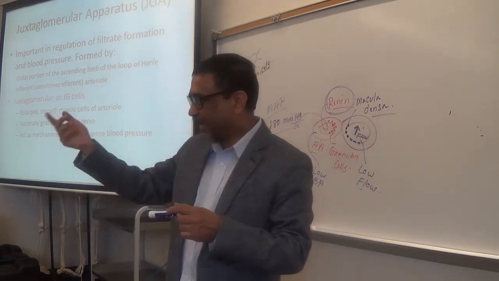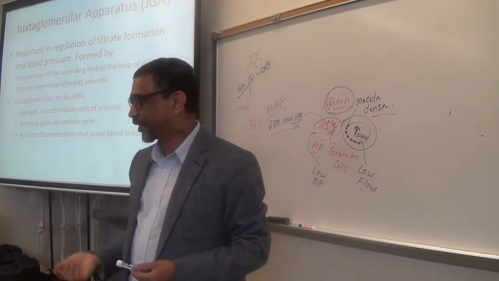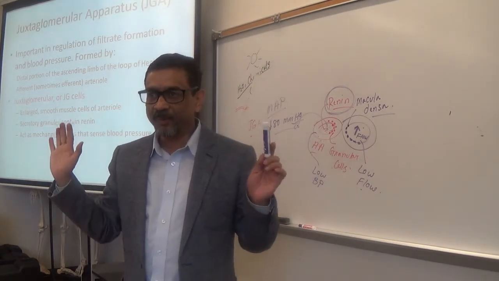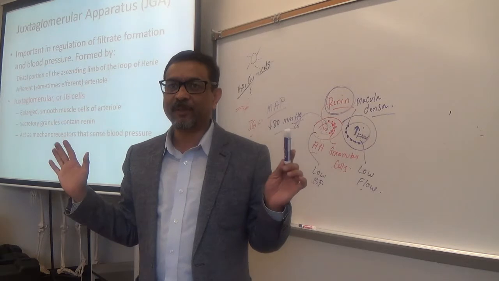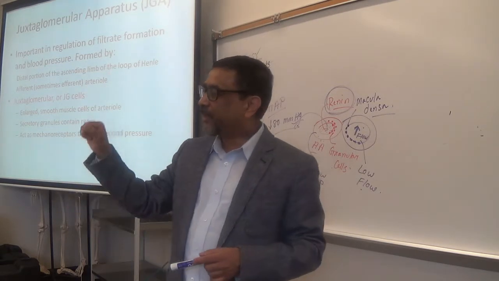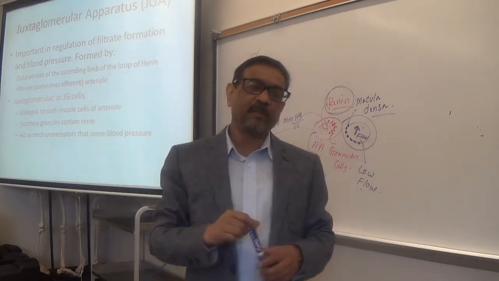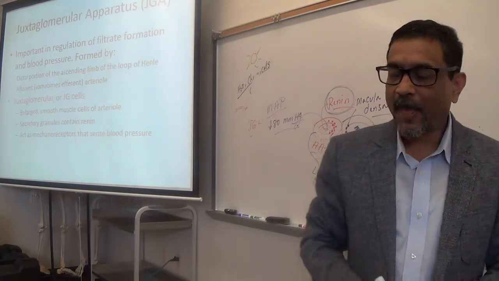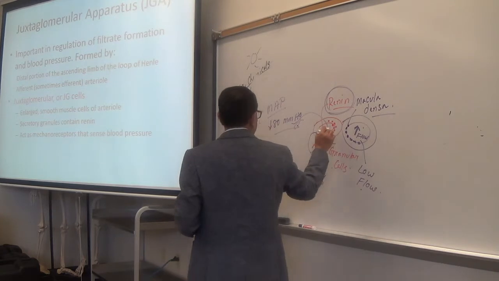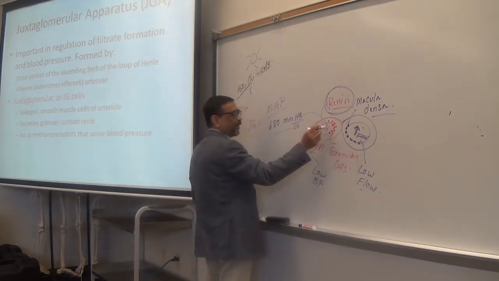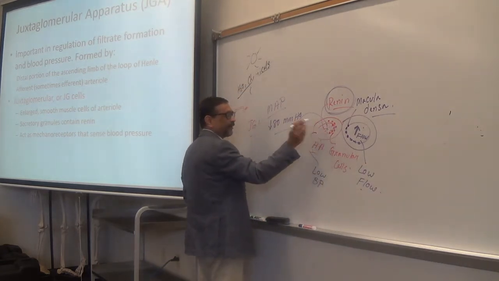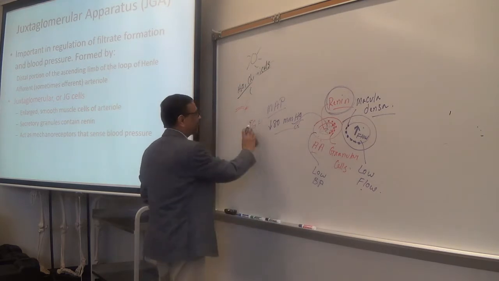Pulse pressure, you calculated MAP, mean arterial pressure, right? Diastolic plus 1/3 of pulse pressure. Remember that? So, if the mean arterial pressure goes below 80 millimeter of mercury, that will stimulate the granular cells to release renin into the blood.